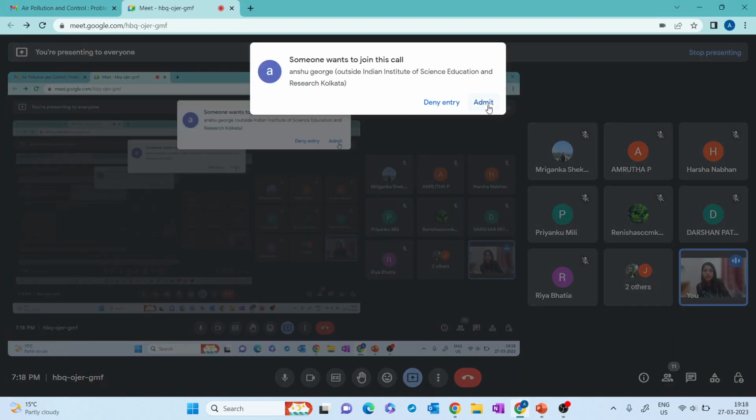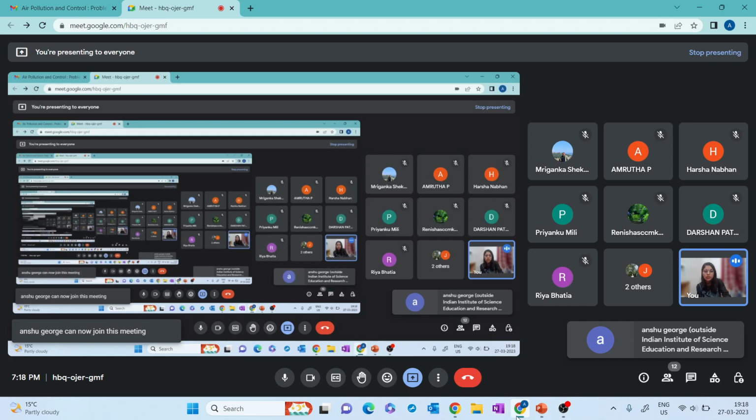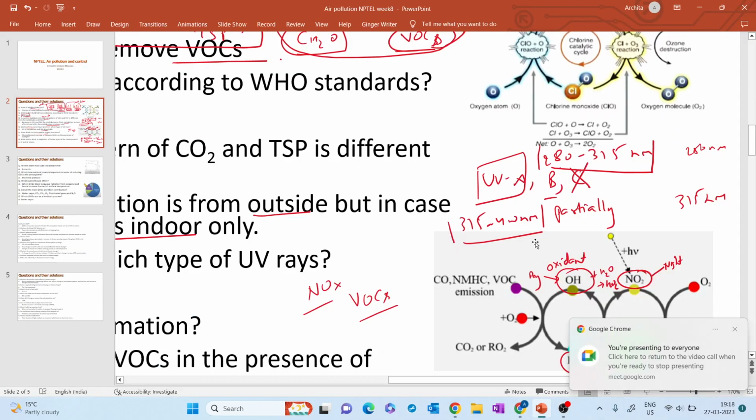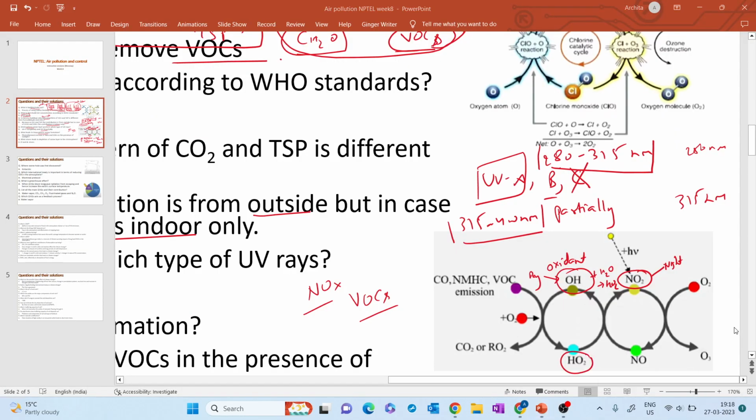So that is why, if you ever see the ozone plot, if it's 0 in the morning and 23, like 11 at night, the ozone is somewhere here. So the ozone production is highest during the afternoon hours.